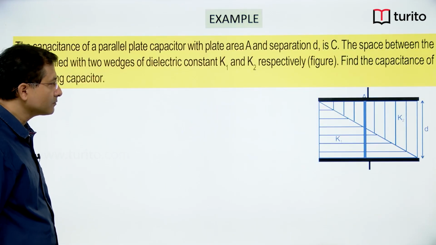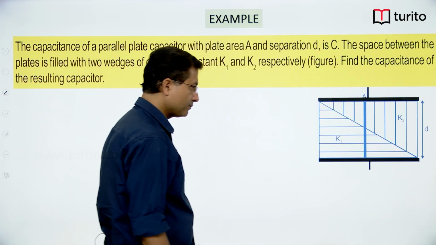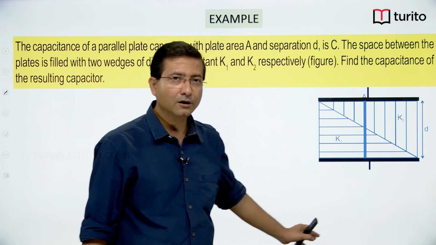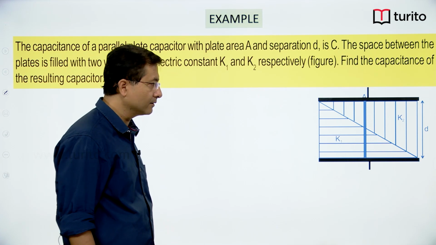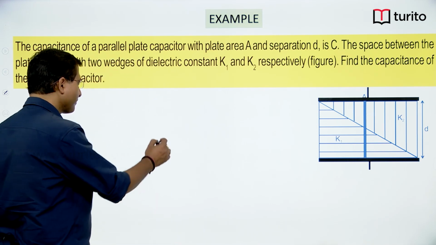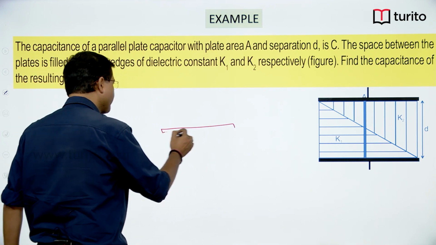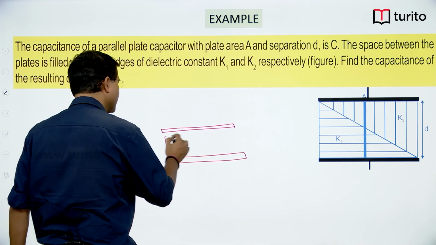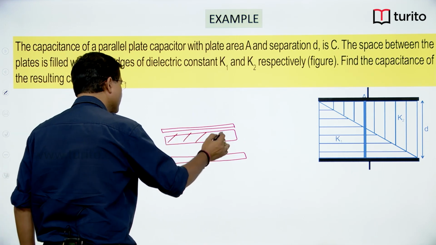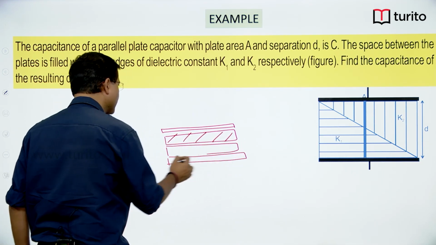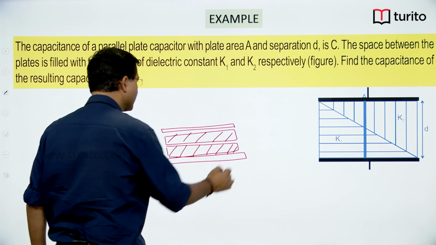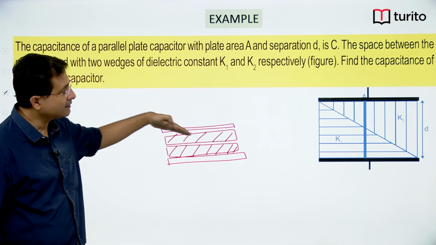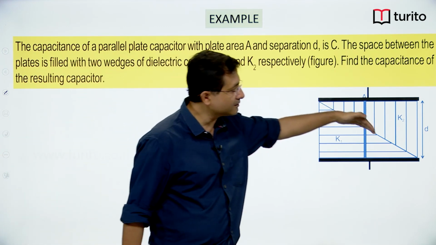Now, see, look at this one. So, if instead of placing the dielectric this way, I am placing the upper dielectric making some angle and the lower dielectric is making some angle.